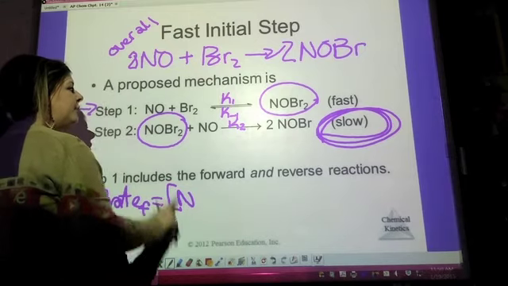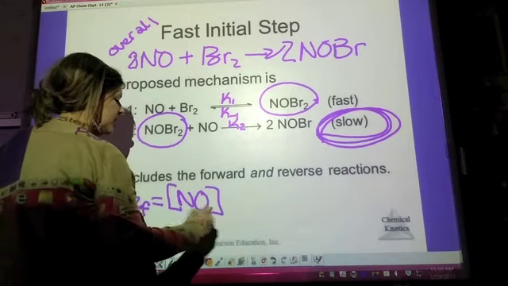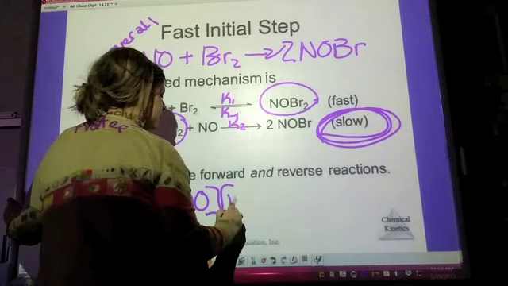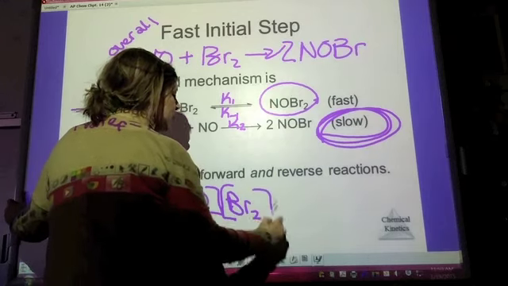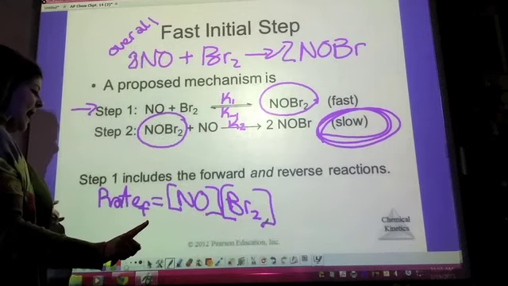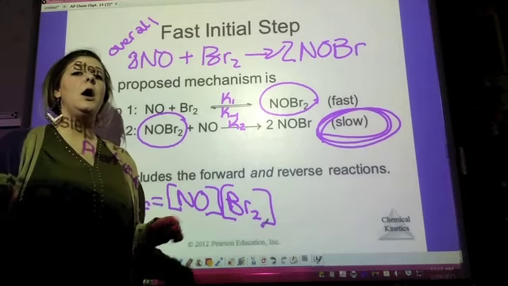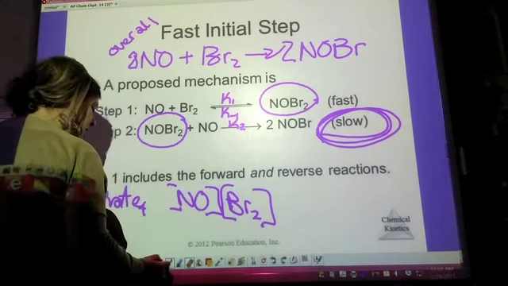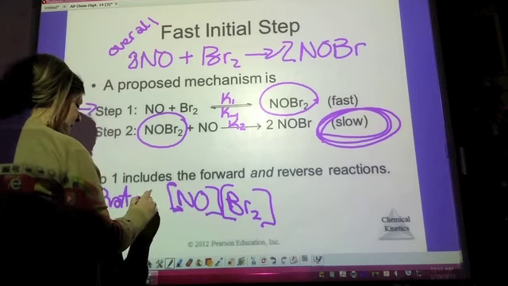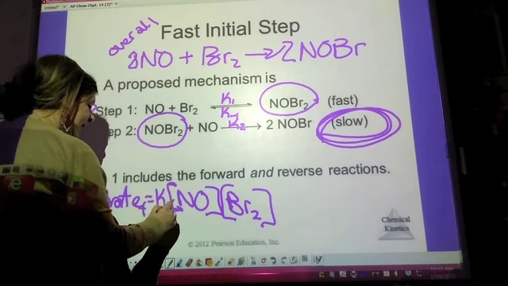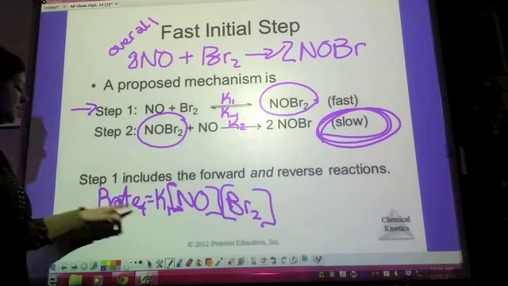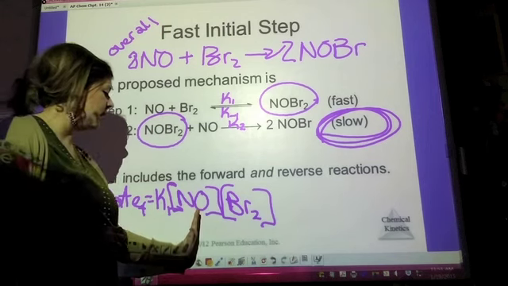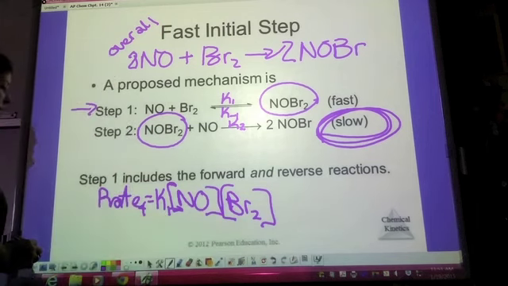For the forward, we have the concentration of NO times the concentration of Br2. Oh, I forgot my K. Thank you for saying something. So the rate of the forward is equal to K1 times the concentration of NO times the concentration of Br2.